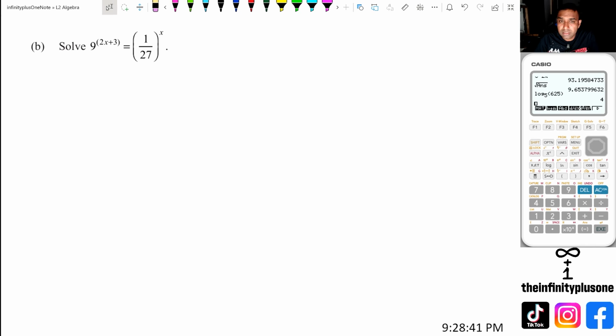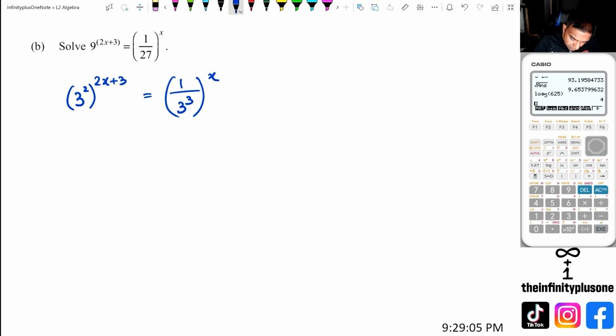All right, so question 3b, what we've got is 9 to the power of 2x plus 3 equals 1 over 27 to the power of x. Now just remember that 27 is actually 3 to the power of 3, so 1 over 27 is 1 over 3 cubed. Now 9, I can replace with 3 squared. So when I rewrite this, I'm going to get 3 to the power of 2 multiplied by 2x plus 3.